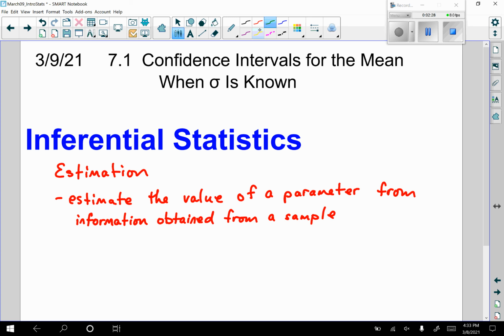So as I just mentioned, a statistic is a measurement for a sample, and a parameter is any kind of measurement. It could be the mean, the median, standard deviation, variance. That's dealing with the population.